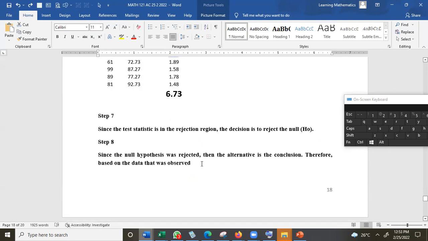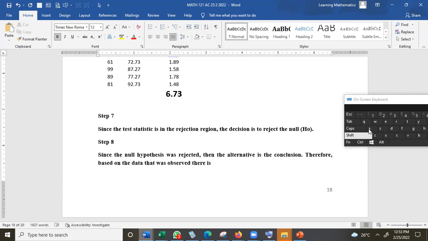Based on the data that was observed, there is an association between major and academic performance in mathematics.